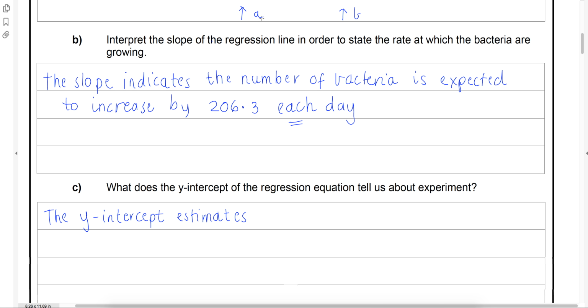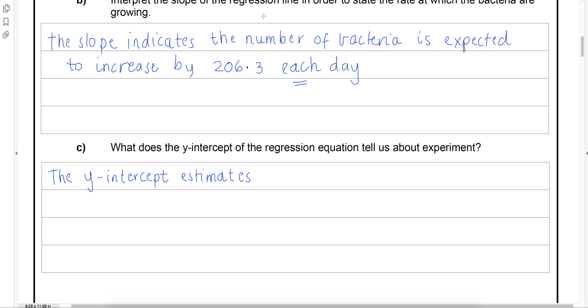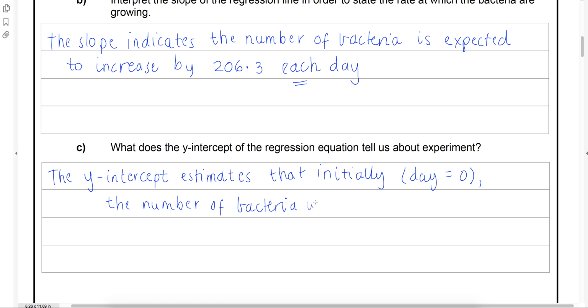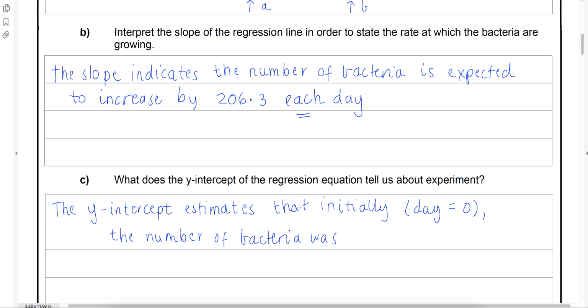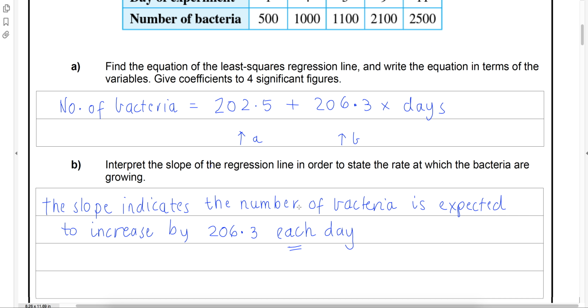So the Y-intercept actually estimates that initially, or when day equals 0, the number of bacteria was, and we have a look, 202.5, wasn't it? There it is, 202.5.